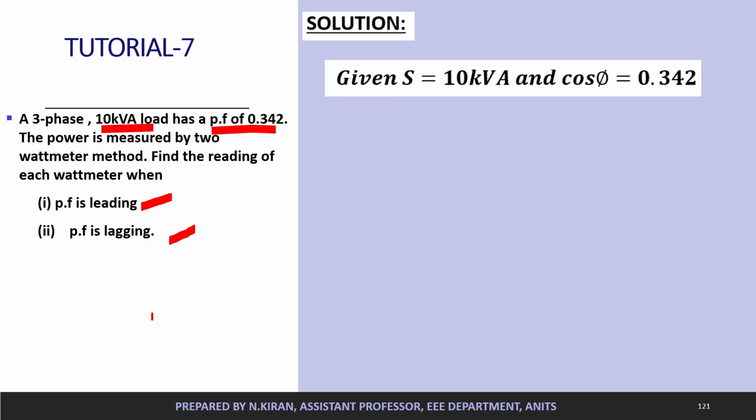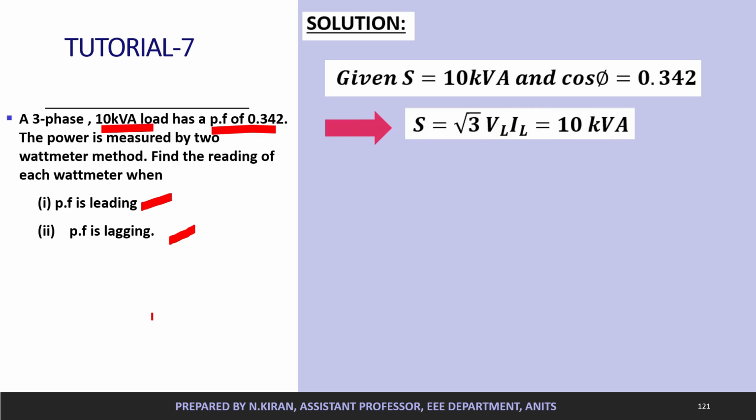Given the apparent power is 10 kVA, power factor is 0.342. The formula for apparent power, as you know, is √3 VLIL. From this, I'll get the expression for VLIL to be valued to be 5773.5 volt ampere.